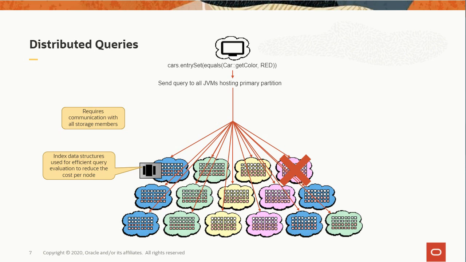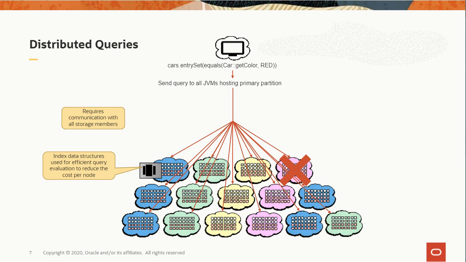They represent Coherence cluster members, each of which owns a number of partitions of a cache or one or more caches. And we distribute a query. In this example, we're trying to select the set of cars from the cars cache that are the color red. So we distribute that over all the storage-enabled cluster members, and each one answers with its subset of the red cars, and the result gets assembled back to the caller.